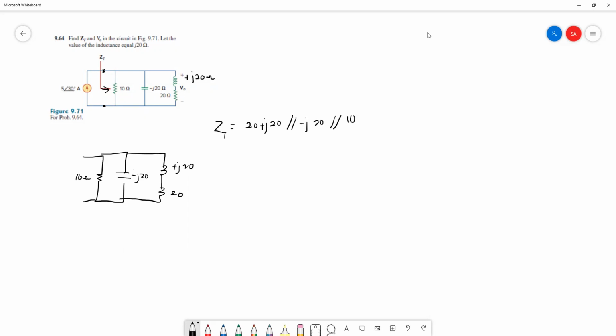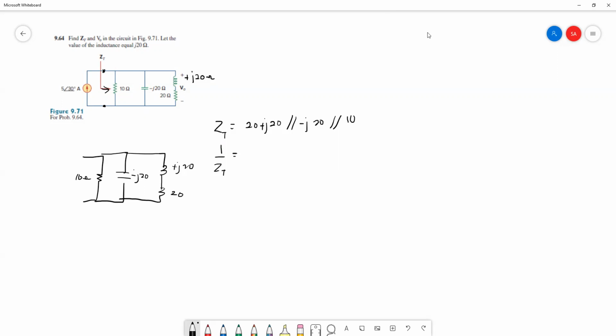Even though it is simple, you need to always play safe, because usually students make mistakes inserting the values in the calculator and so on. Because this involves 3 branches, you need to do it manually.